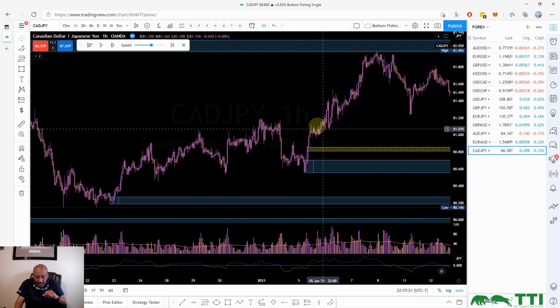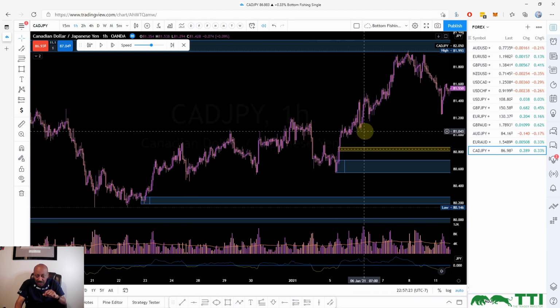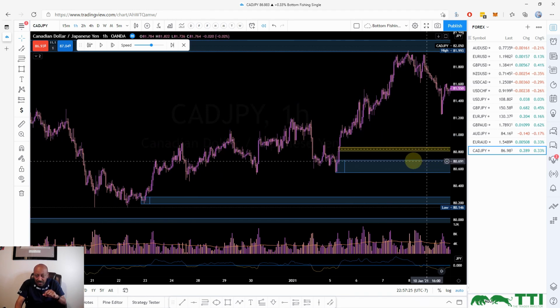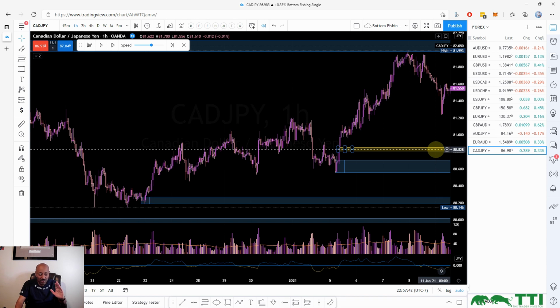In this instance, we're expecting to enter in this order block, but by that time this imbalance would have been closed, so it's not even in the picture. Once we enter into this order block, this imbalance is taken care of. It's out of the way.